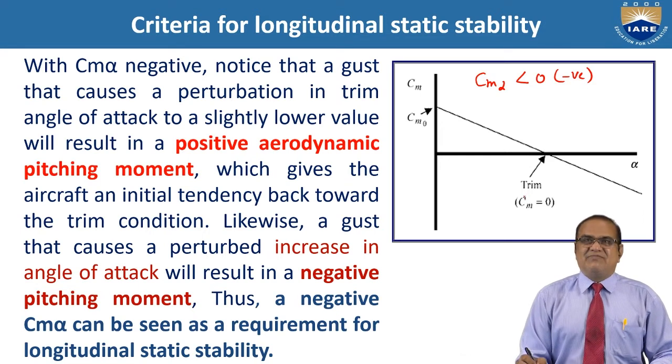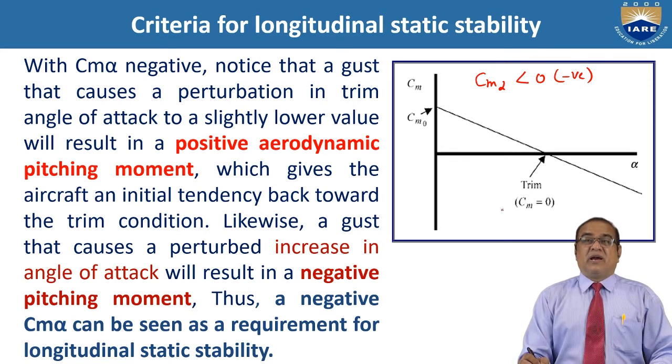So with Cm alpha negative, notice that a gust that causes a perturbation in trim angle of attack to a slightly lower value will result in a positive aerodynamic pitching moment, which gives the aircraft an initial tendency to go back to the trim condition.